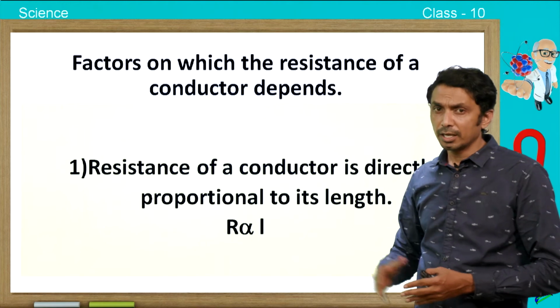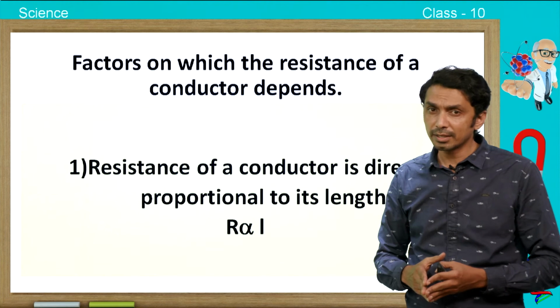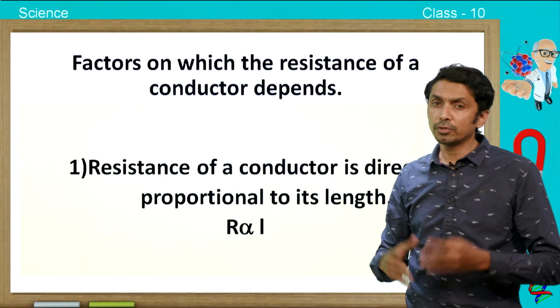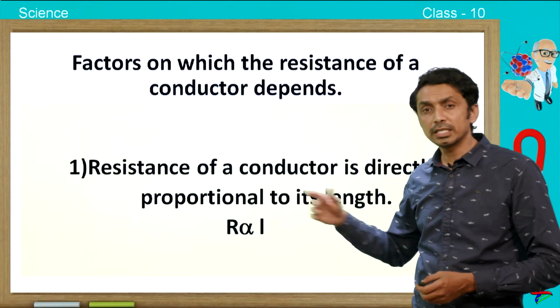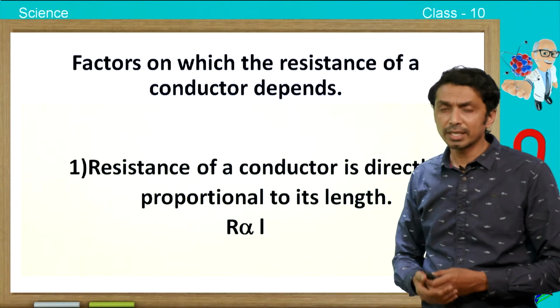If the length of the conductor is more, then the resistance of the conductor is also more, even if they are made of the same material. That is why we have mentioned resistance is directly proportional to the length of the conductor.